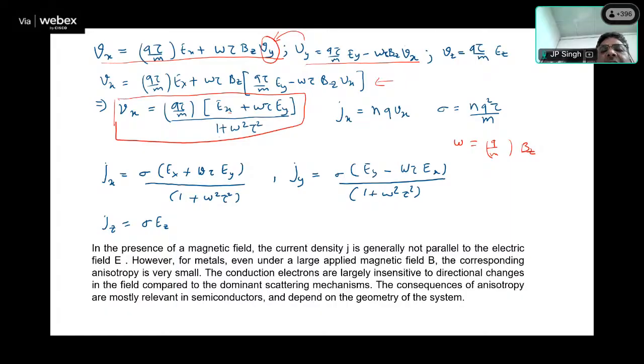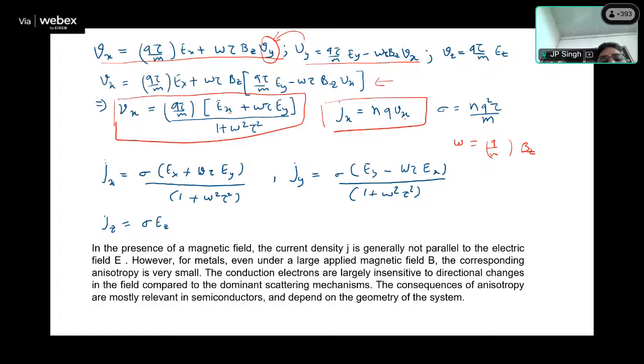So this is my Jx. I can write down the current density, which is n times q times Vx, which we have already learned before in the Drude model. Then I can input the Vx value here, and you can get the current density.